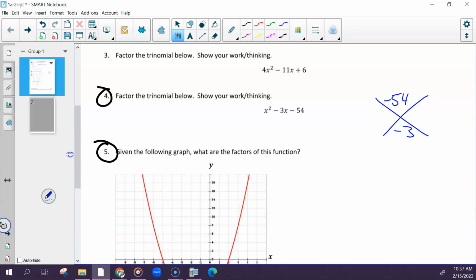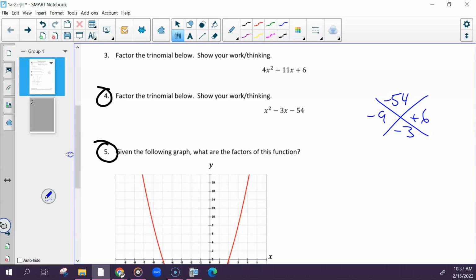What are some of your factors of 54? Okay. So they multiply to be negative 54. If we add them together, that is negative 3.